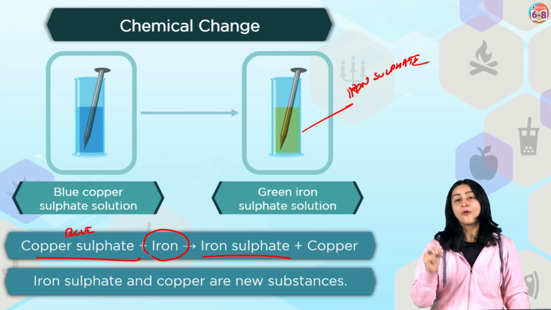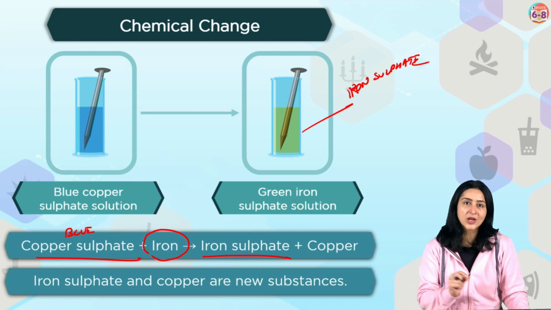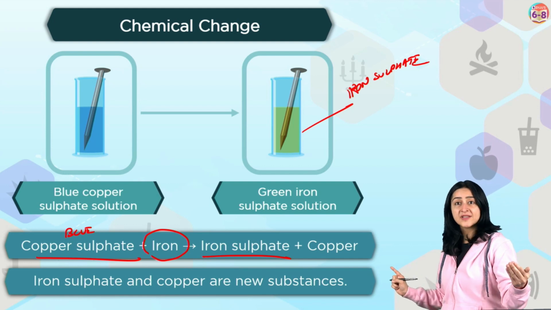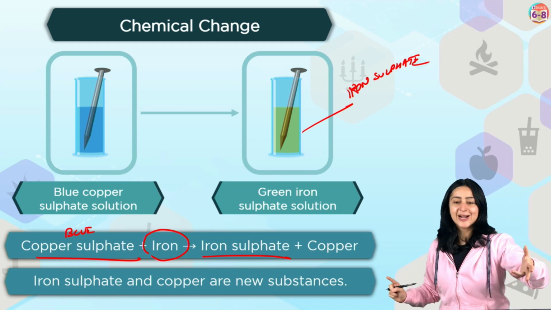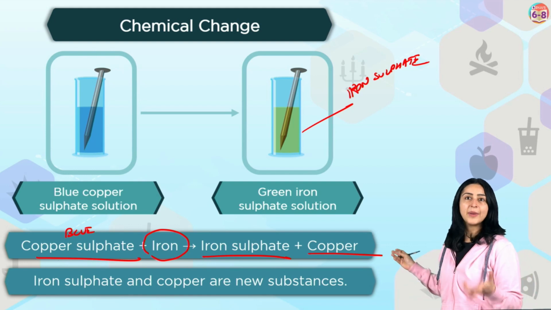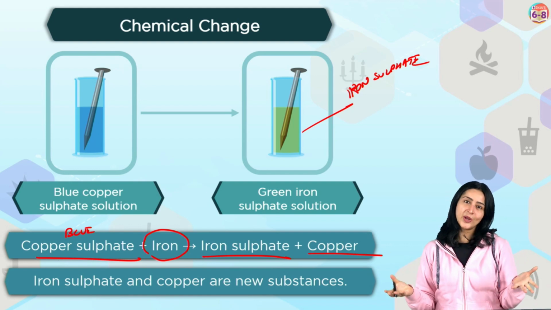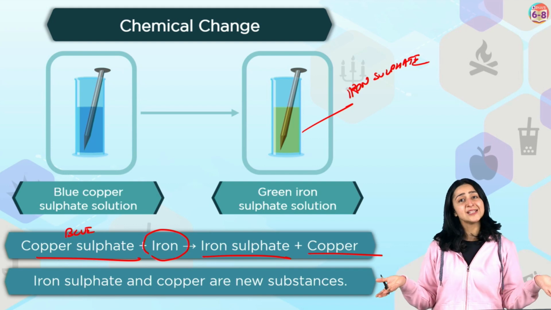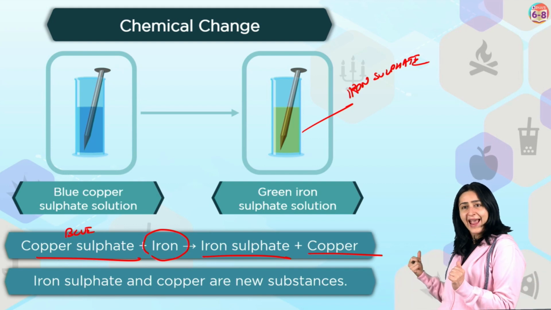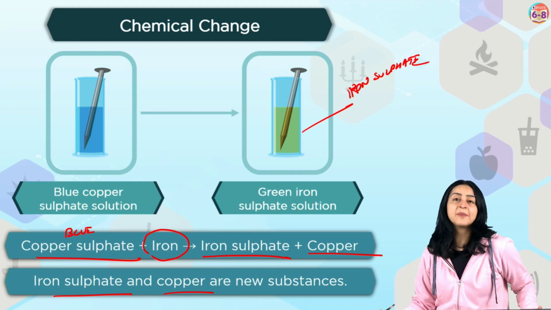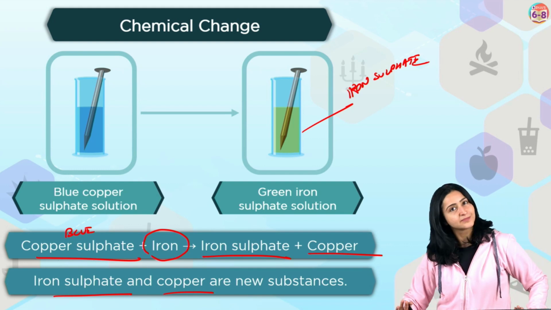So as a result of this particular chemical reaction, what are we getting? We've got copper sulfate plus iron, which gives us green iron sulfate plus brown color copper, which you see on the nail, right? Now again, how do we know that this is a chemical change? Very simple. Chemical properties are changing, and iron sulfate and copper are both new substances that we have over here.